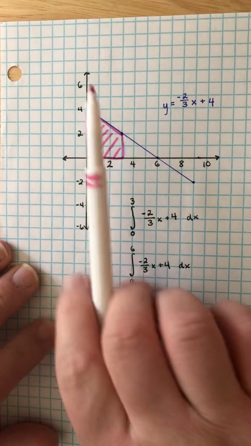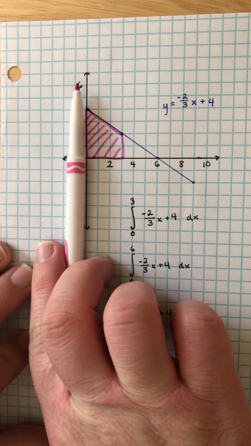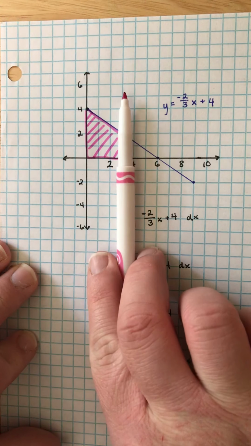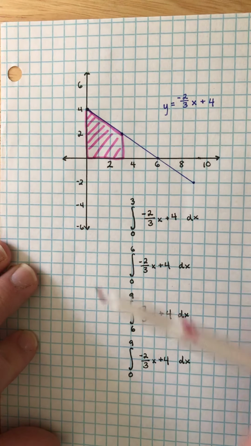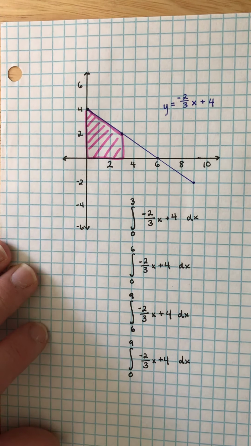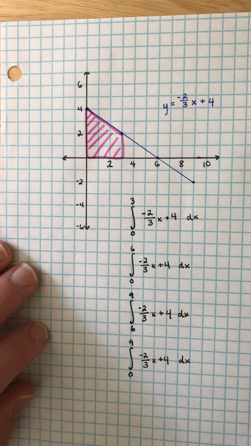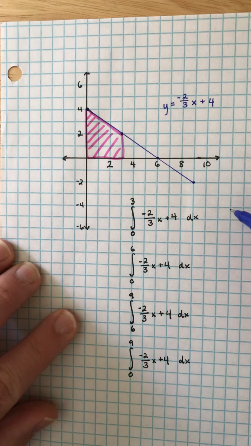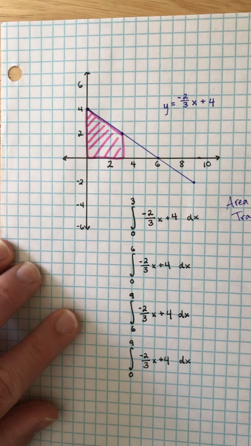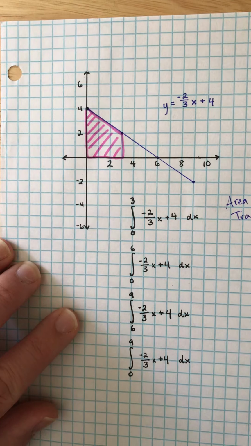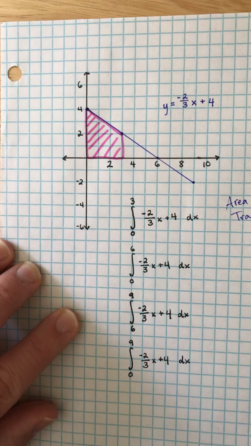We have two parallel sides, which are the y-axis and x equals 3, so x equals 0 and x equals 3. Those are my parallel bases. So I'm going to use the trapezoid formula. If you have forgotten the area of a trapezoid formula, it is 1/2 of the height times base 1 plus base 2.